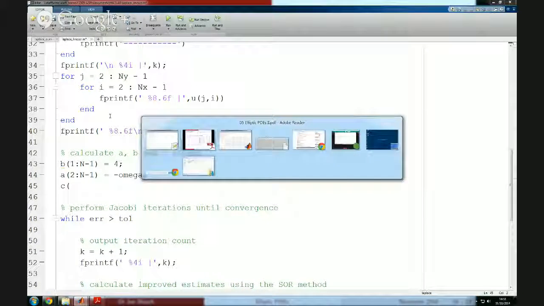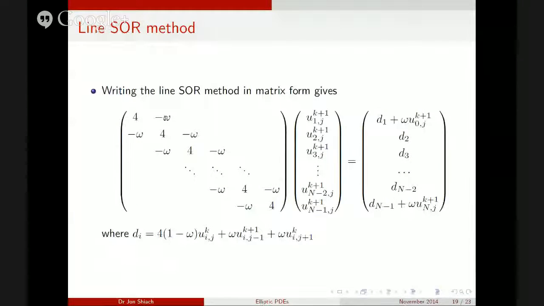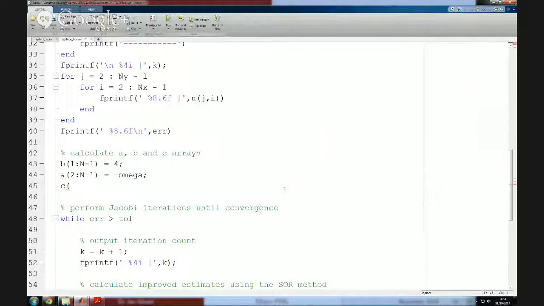And C is the opposite. We have the first value of C, but we don't have the last value of C. So C goes from 1 to n minus 2. So you were right, if you're off the main diagonal, you have fewer elements. And that was equal to 4.